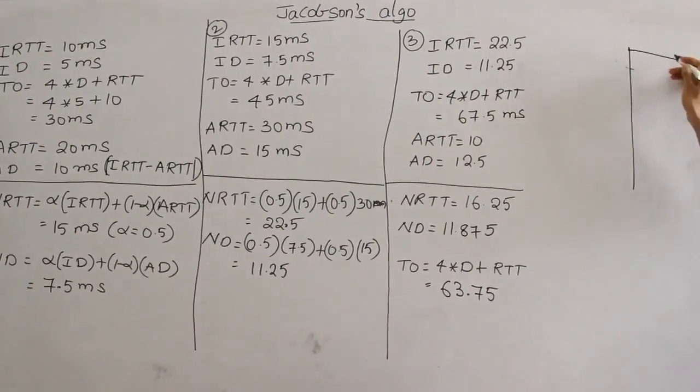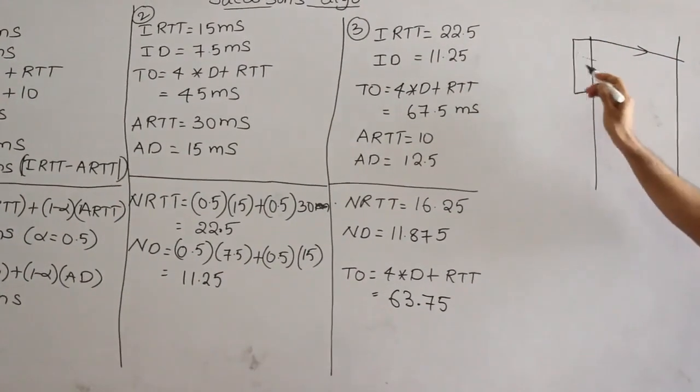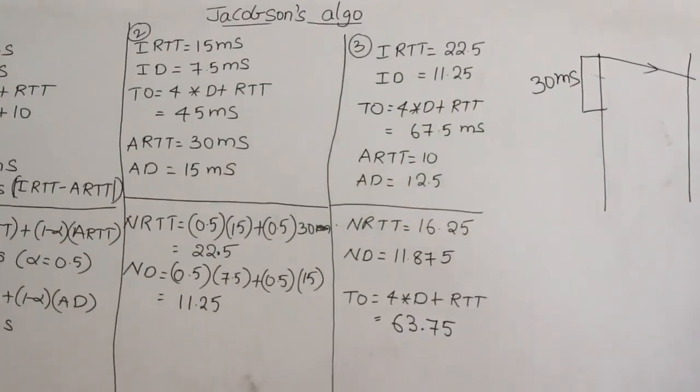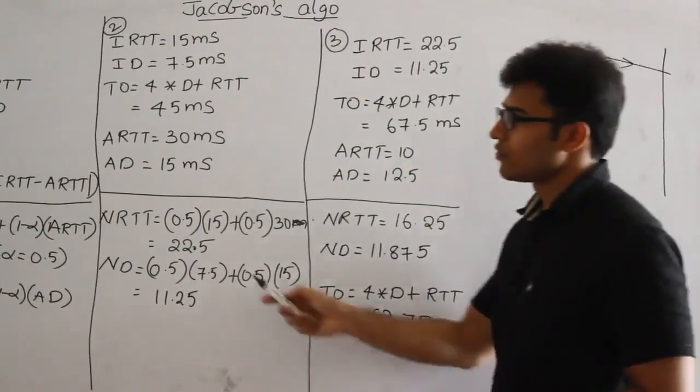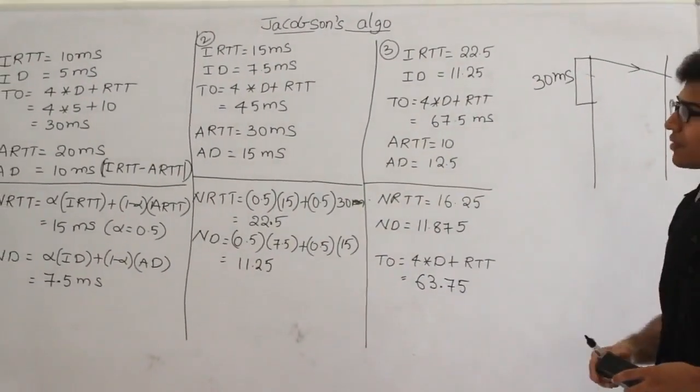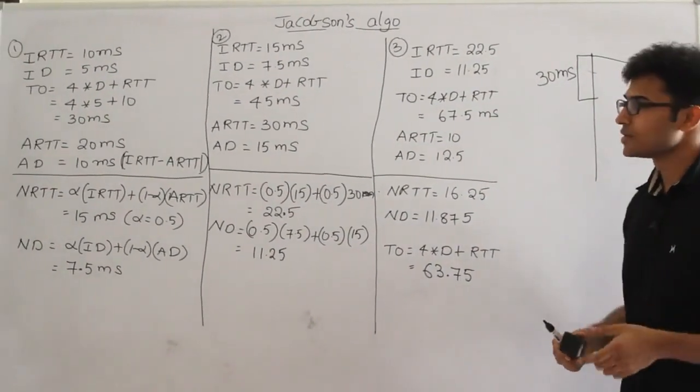Here you are setting the timeout to be 30 milliseconds. That is what you did, right? So that is the first initial example. You are sending a segment and setting the timeout to 30 milliseconds according to Jacobson's algorithm.